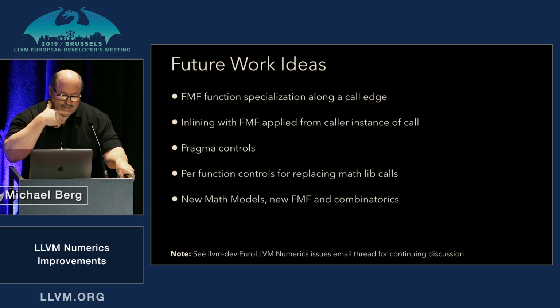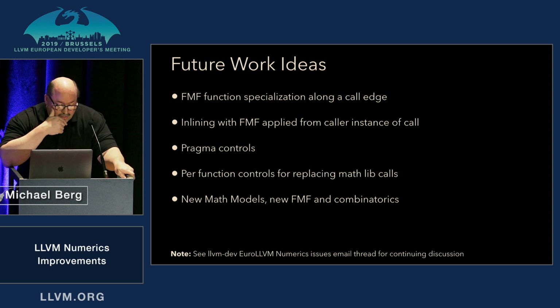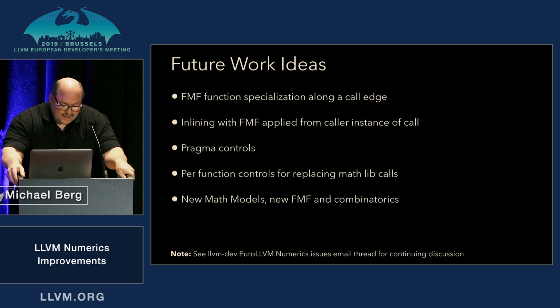Now, future ideas gives you kind of an idea where we're going with some of these. And you can get kind of into the Wild West as far as FMF and unsafe goes for mixing optimization control. In this case, we've got some other ideas as well, and I'll elucidate on those later. You can do function specialization for each of the FMF contexts for all your call points, or you can do the converse. You can inline them underneath a similar constraint, and pragma controls give you a similar constraint as well.